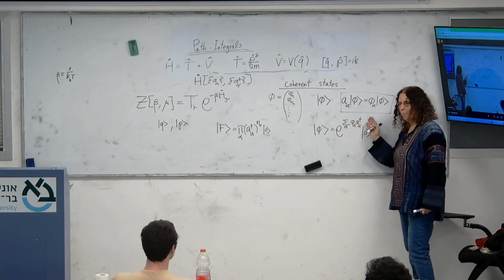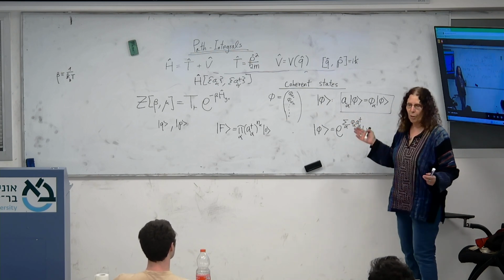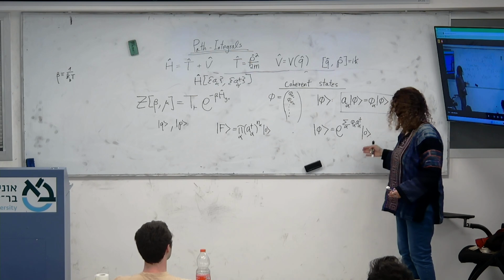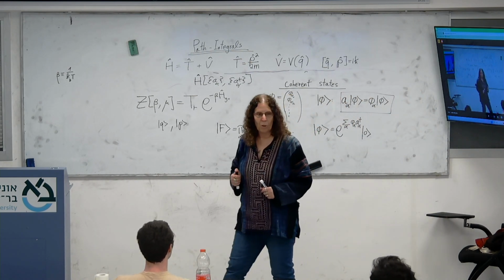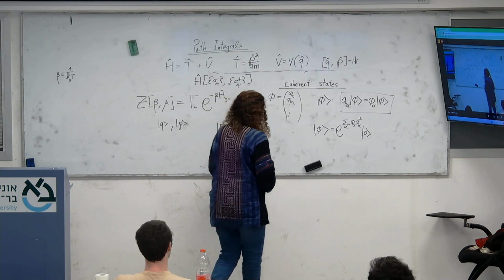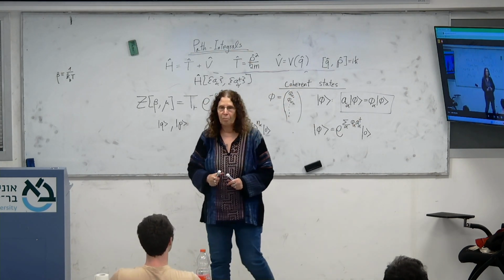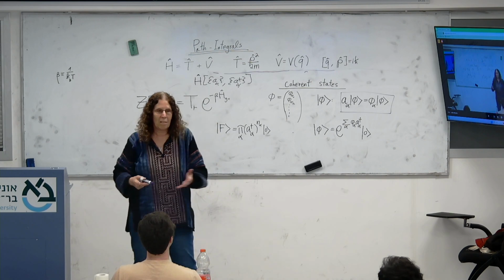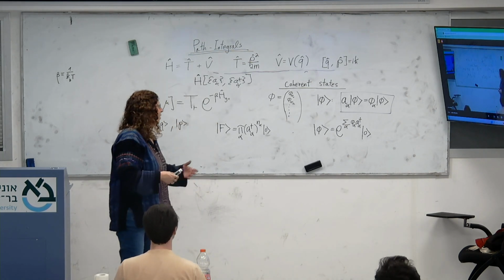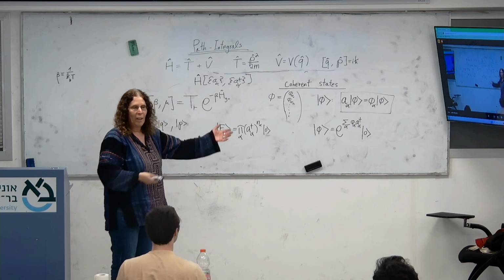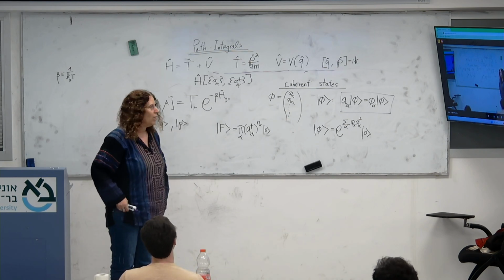So if you expand it, you get an infinite superposition of all possible number states, right? Because each term in the expansion will have a higher number of daggers. So in fact, it is kind of the superposition of all the possible states that you can create with A dagger acting on the vacuum. Okay, that's what it is.